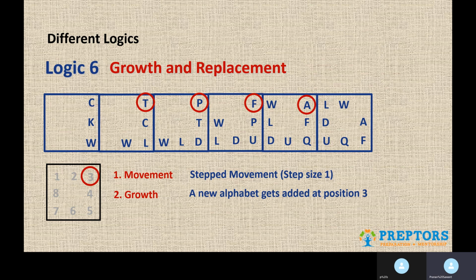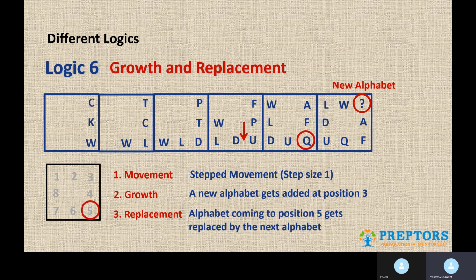So if you observe at position 3, every time a new alphabet is added. Now there must be a new alphabet over here as well. So replacement: A is replaced by L, C is replaced by D, T is replaced by U, P is replaced by Q. The alphabet coming to position 5 gets replaced by the next alphabet. So F is replaced by G. F will be replaced by G.